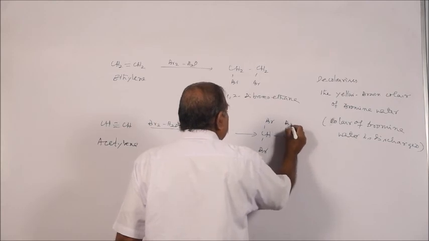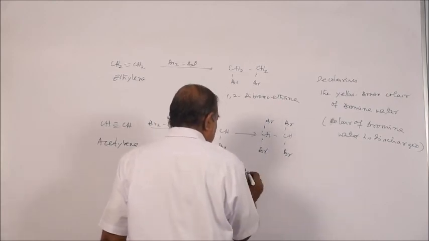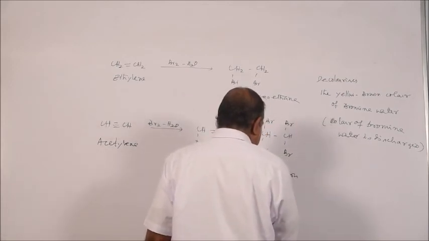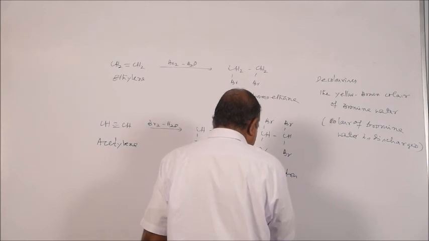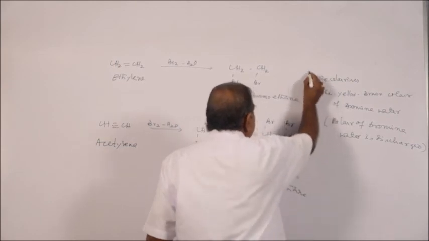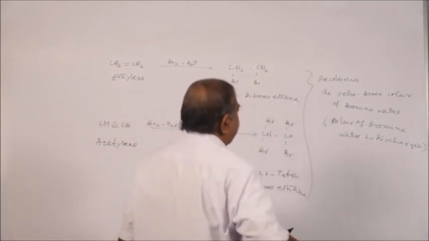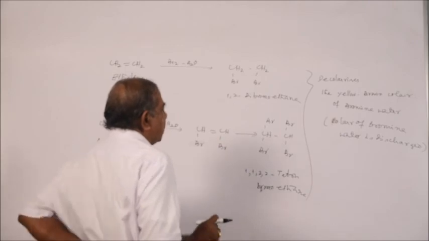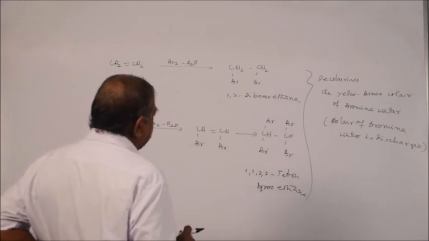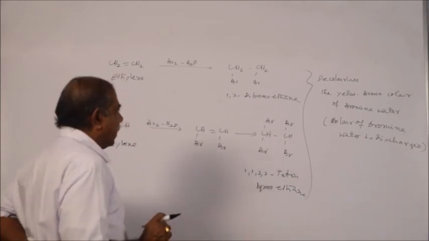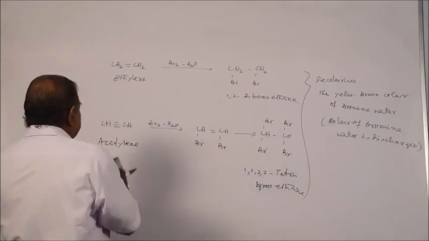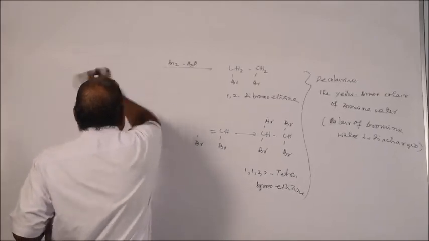Ultimately you are getting 1,1,2,2 tetrabromo ethane. So in both cases there will be decolorization of the yellow brown color. So this is a very easy way to distinguish between alkane, I have taken ethane, from alkene or alkyne, that is from ethylene or acetylene. That is, bromine water color will be decolorized.